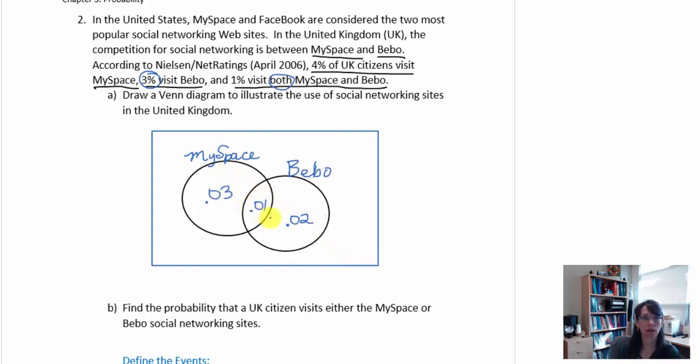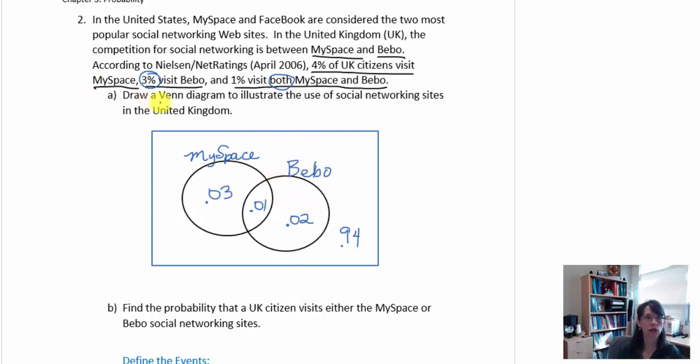So if we already have 6%, that means 0.94, or 94%, of UK citizens are not using either one of these social networking sites. So don't forget to include that percentage out in the universe.